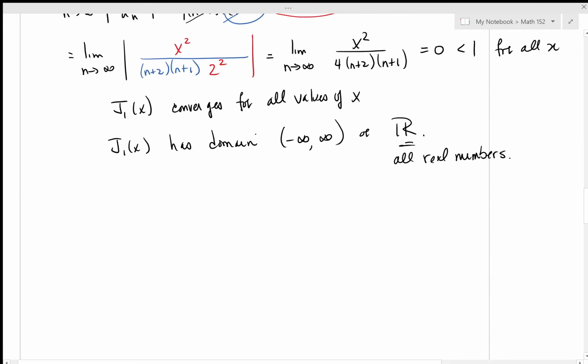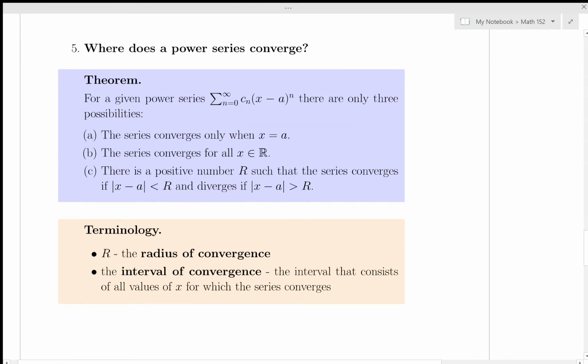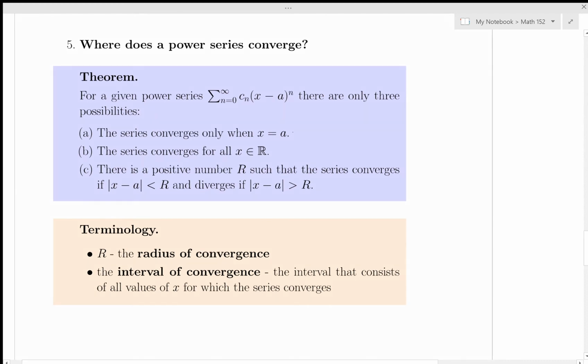To summarize what we've been talking about here: where does the power series converge? We're given a power series, and there are 3 possibilities. It converges when x equals a, because all the terms are 0. That's unexciting, and we generally don't see those very often because we're not getting much out of them. It converges for all x.